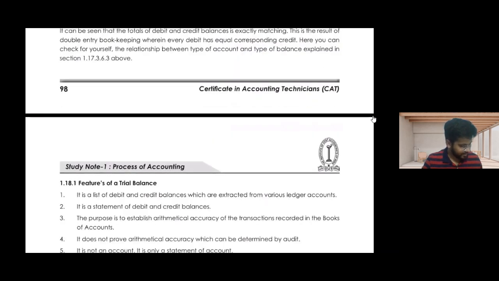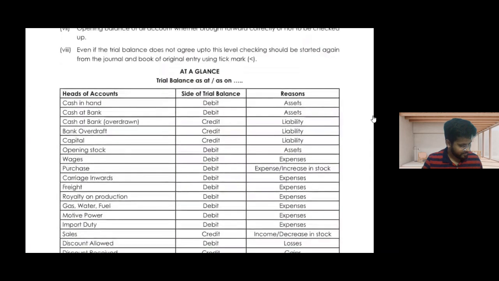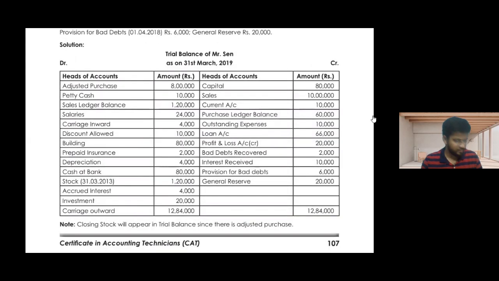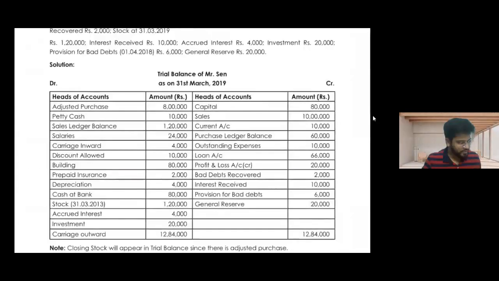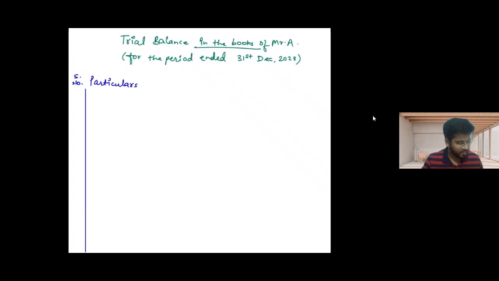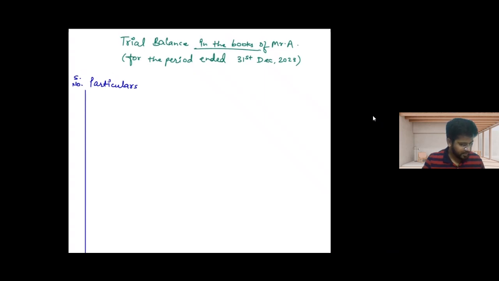I will give you one format. See, here on your page number 107, there is a trial balance mentioned. Trial balance of Mr. Sen as on 31st of March 2019. In this case, instead of for the period, it just mentions as on 31st of December 2023.